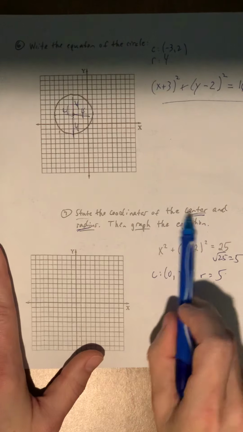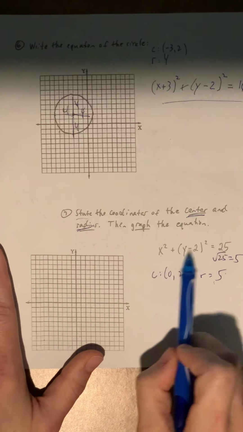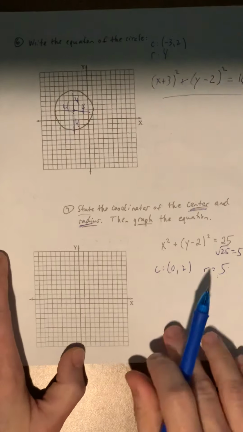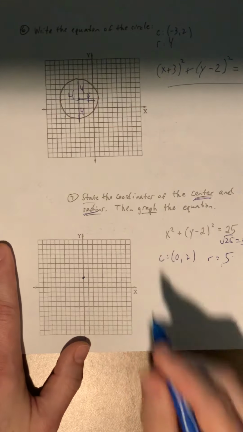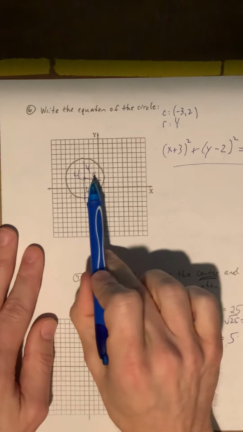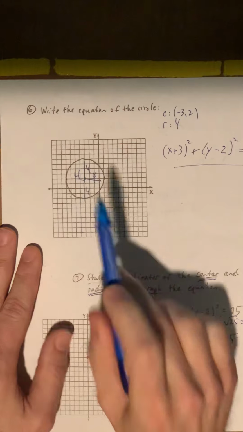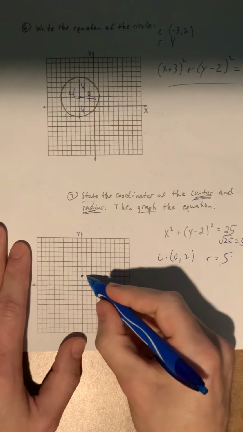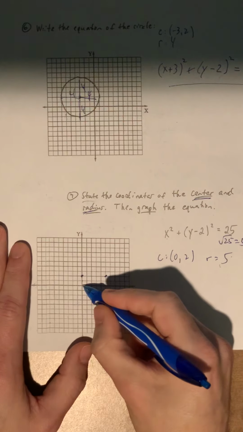So we've given the center and radius. Now we're going to graph this equation. It's easy to do once you know this. So put your center point first. So 0, 2 is right here. And then you just want to put your 4 points, like go out each way 5, because that's your radius. So if you count this way 5, put a point, go down 5 for that radius.